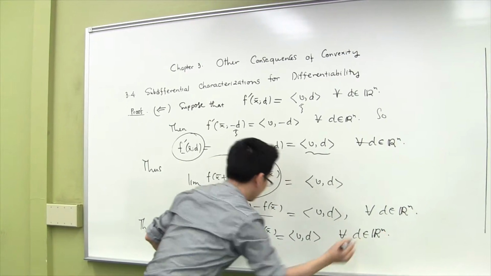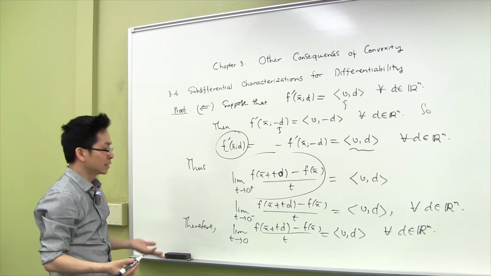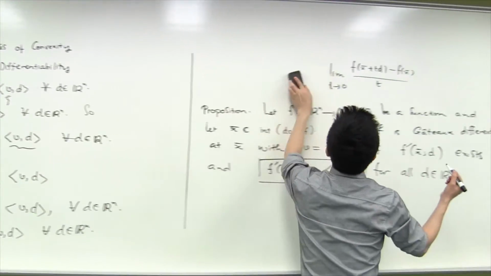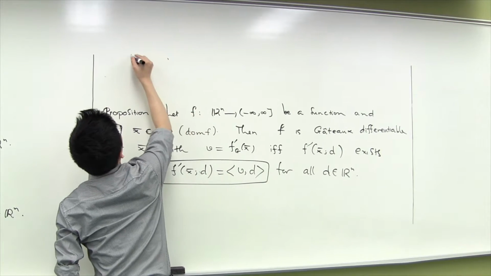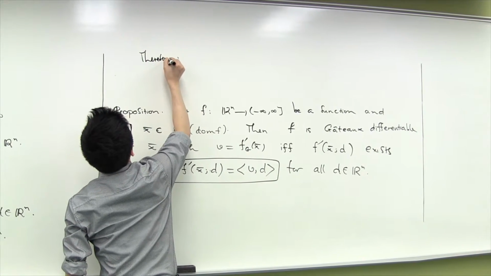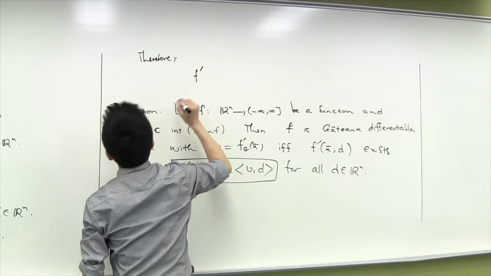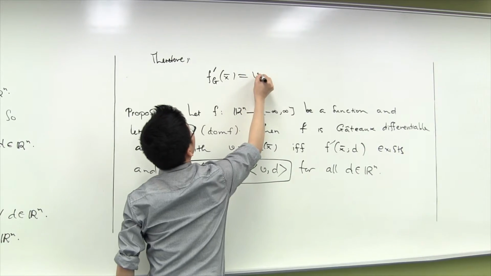Okay, so by the definition of Gateaux differentiability, we get the required result. That is, therefore, f prime is equal to v.